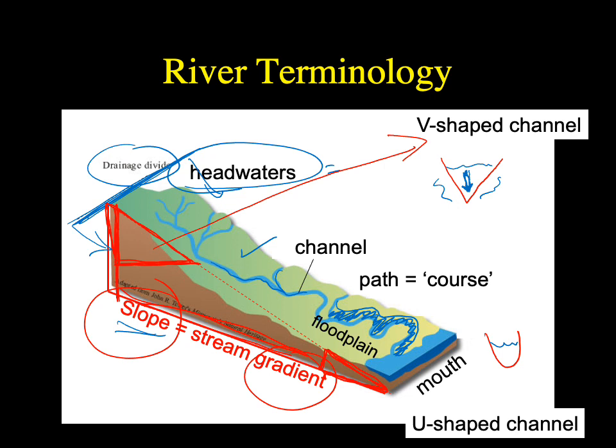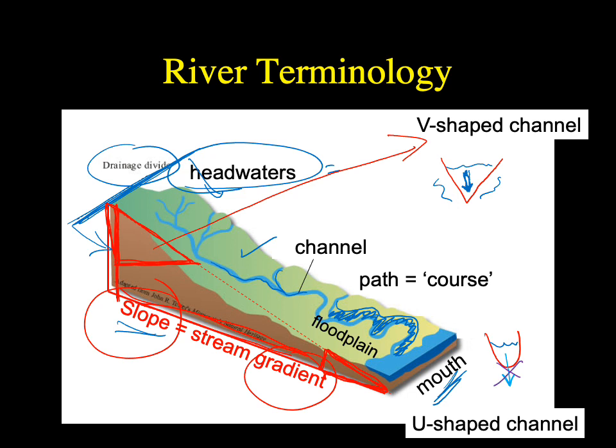It's gently shaped. The reason for that is because closer to the mouth of the river, where the stream gradient is shallower, the water in the river is very close to its base level, right? It's close to sea level. So the water doesn't feel this urge to cut down to get to base level.